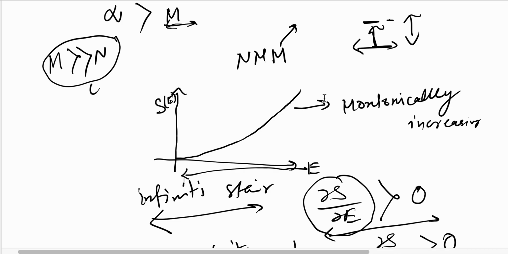In that range the entropy may become negative, but I can't go there physically. So in my physical regime where I can measure the temperature, it will always remain monotonically increasing and positive. So in a physical scenario, you need the staircase to be much greater than the total number of individuals. So that is today's class.